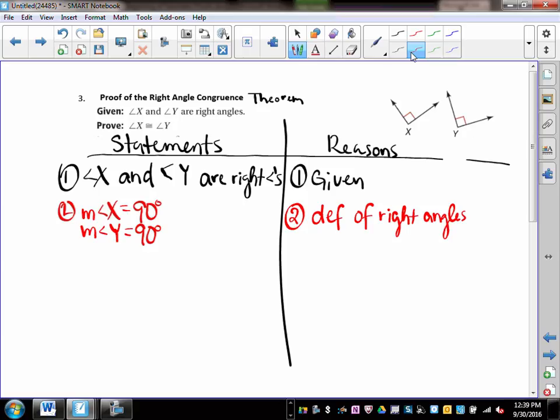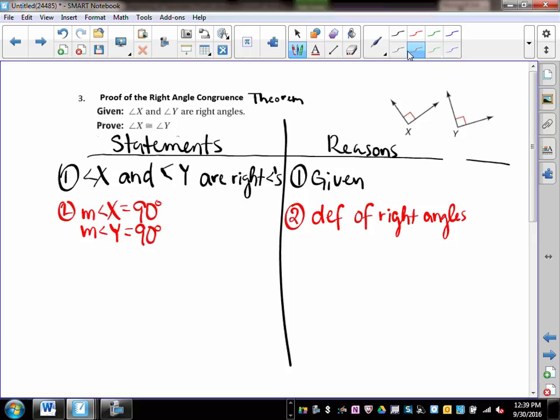Now, anytime you are doing proofs, if you think you've proven it in just 2 steps, given and the conclusion, that means you were supposed to have proved what you just did. So, for example, I've had in years past where students write, x and y are right angles, given. Angle x is congruent to angle y, right angle congruence theorem. That's what you're proving, okay?